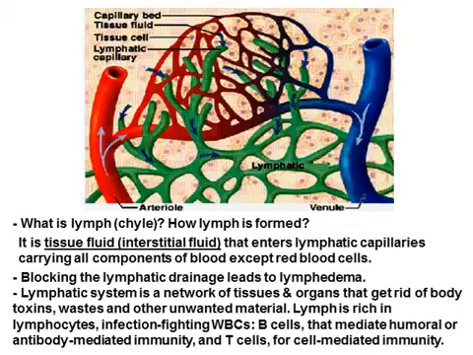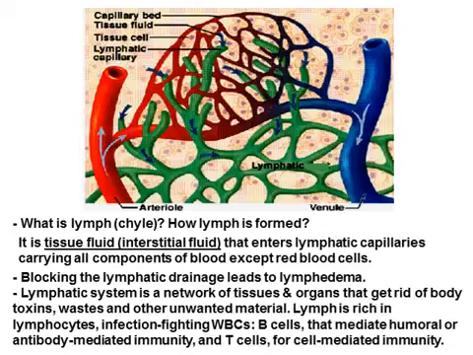This is a magnified view of the blood capillary, and as you see, this is the arterial side, and this is the venule side, and here is the blood capillary. The blood capillary is leaking fluid, and the fluid is gathering between the cells and the tissues, so it is called tissue fluid.